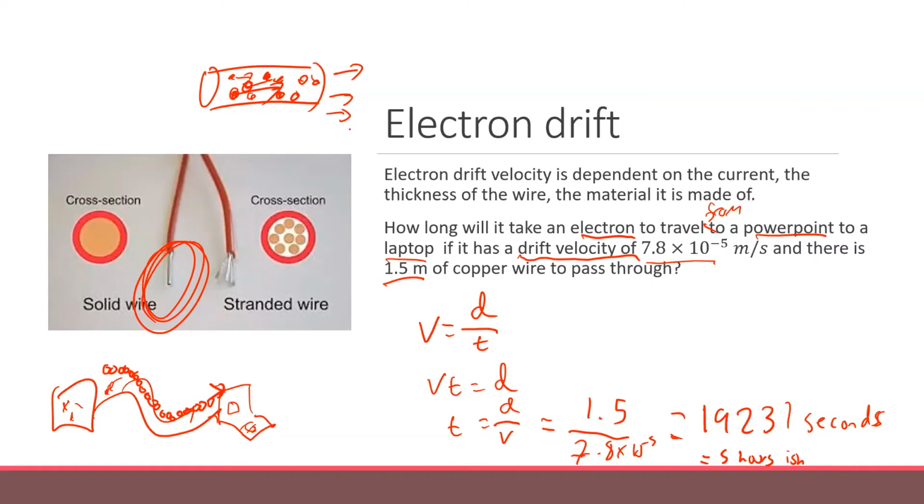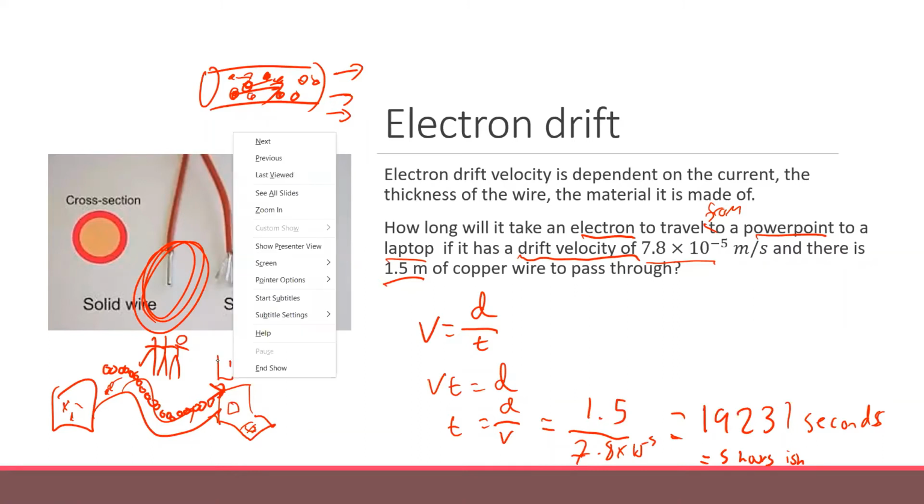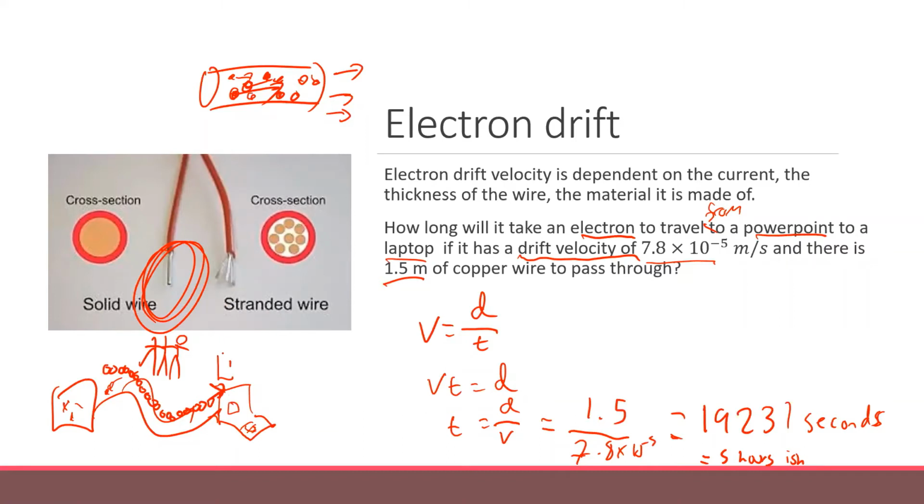If you think of a conga line, everyone's dancing, da, da, da, da. Anyway, it's a big long conga line of people waiting to get into the computer, and you can only walk as fast as the person in front of you. It might take you a while to get to the laptop in this conga line, but there's always someone walking through the door to the laptop every second. That's a bit of a weird analogy, but it kind of works.